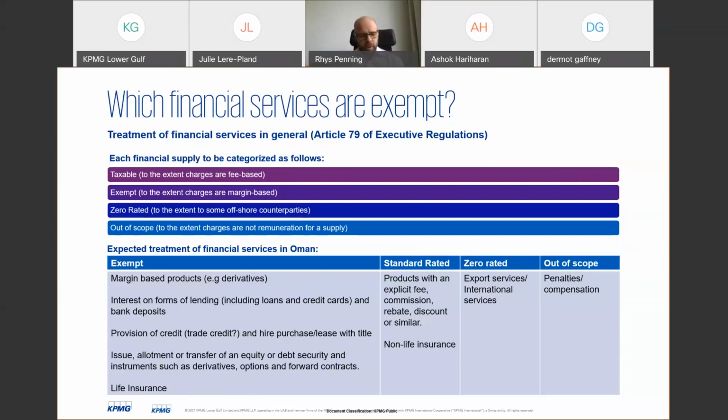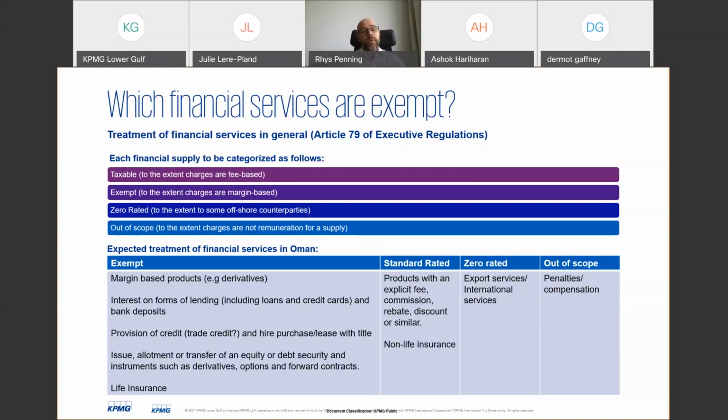And so I'll do it very quickly. No doubt we've all read Article 79. So the financial services that are covered: loans and advances, as you would expect, credit guarantees, interestingly, hire purchase arrangements or lease arrangements where there is an ownership transfer, because that is essentially just a finance lease. It's a provision of finance rather than provision of asset.